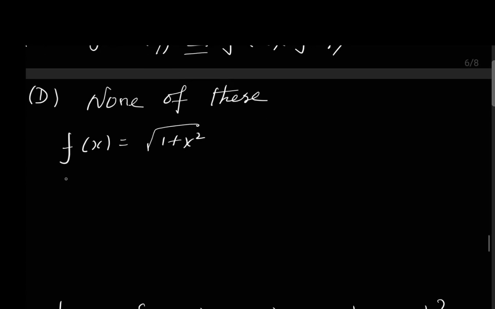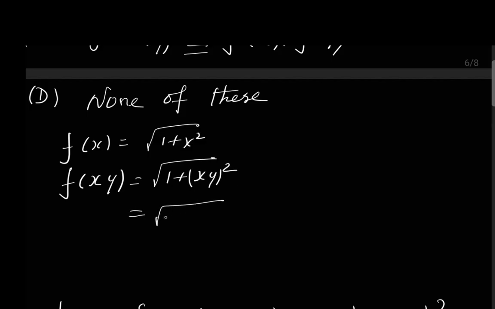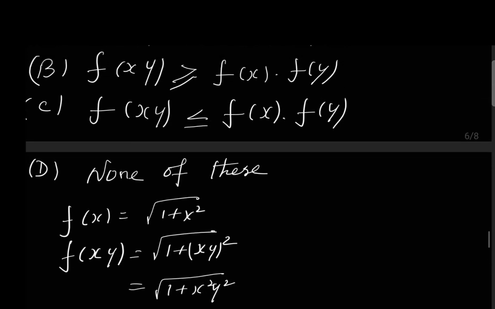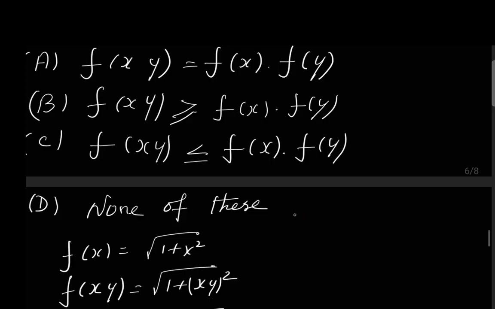So what is f of xy? F of xy is root of 1 plus, replace x as xy the whole squared, root of 1 plus x squared y squared. You look at the right side. It has f of x into f of y.